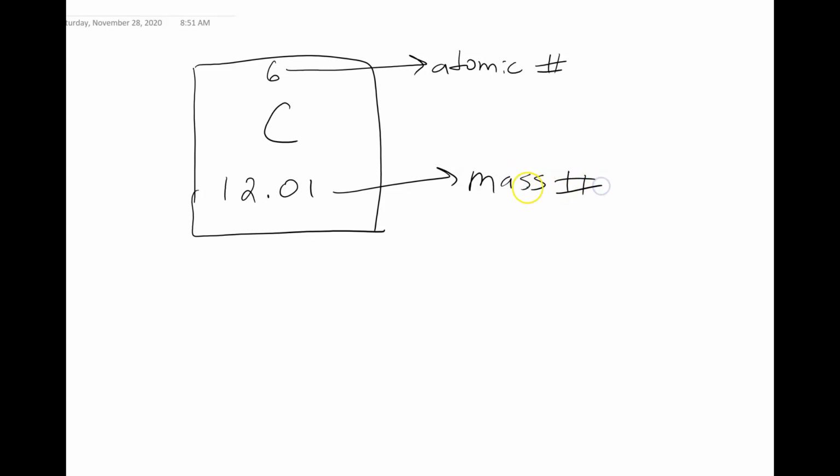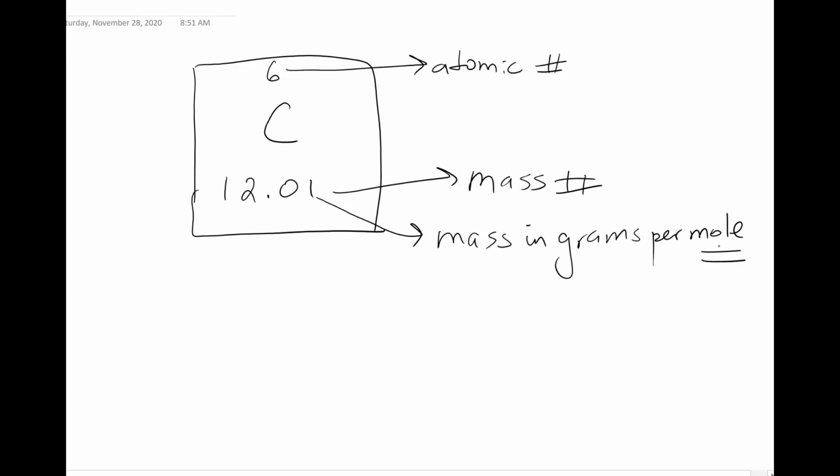We said the mass number is the total number of protons and neutrons, but it is also the actual mass in grams per a unit called mole. Mole is just a unit of an element. So let's say we have 12 grams of carbon. That's going to equal 1 mole of carbon.